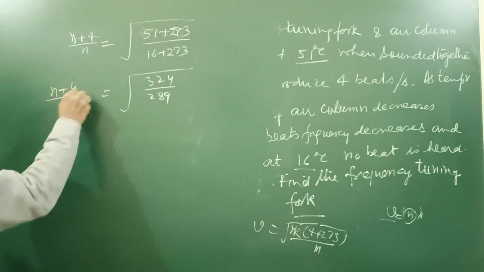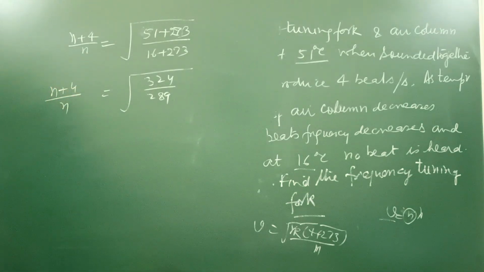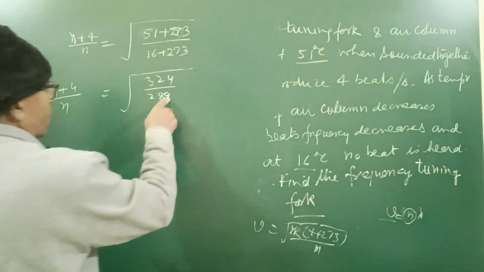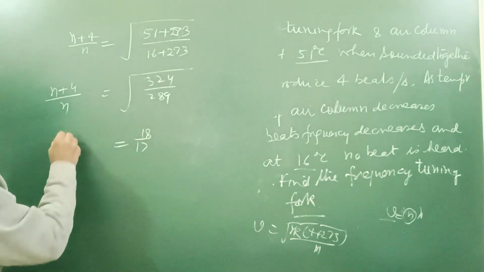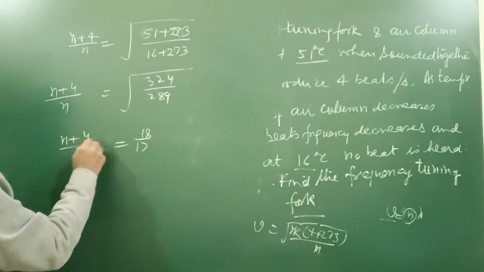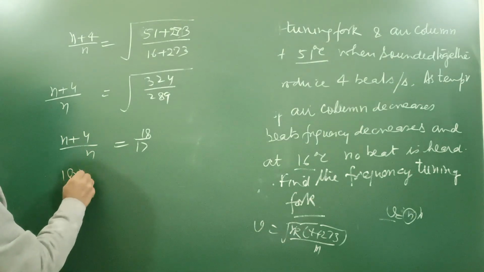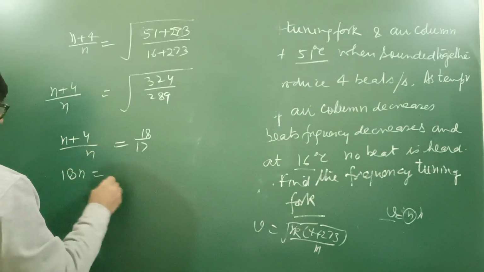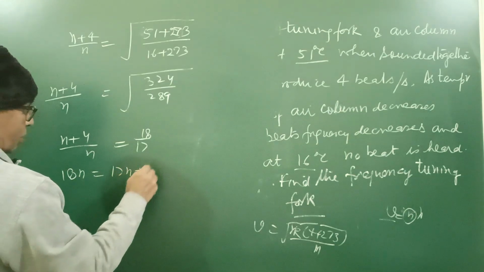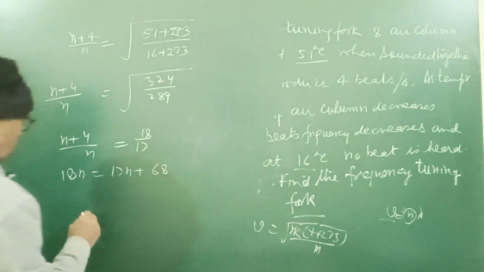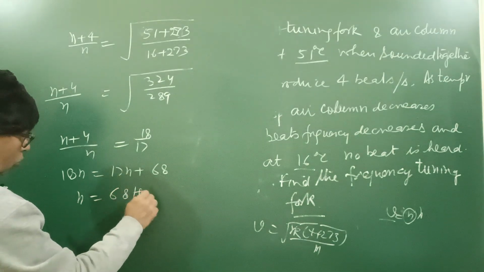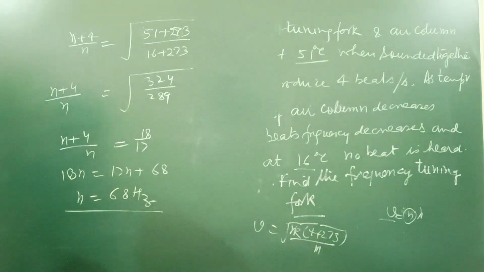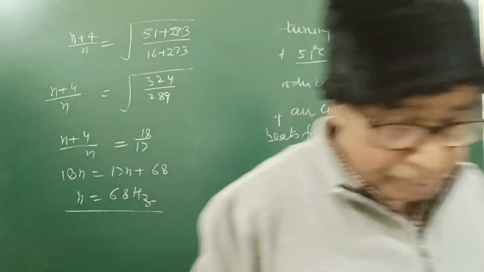Be perfect in calculation. This is the square of 18 and 17. So 18 upon 17 equals n plus 4 upon n. 18n equals 17n plus 68. So n is equal to 68 hertz. So the frequency of the tuning fork was 68.